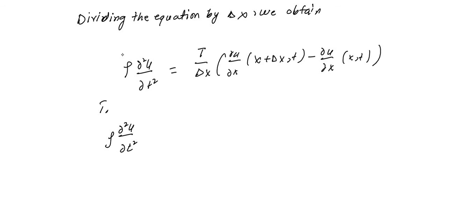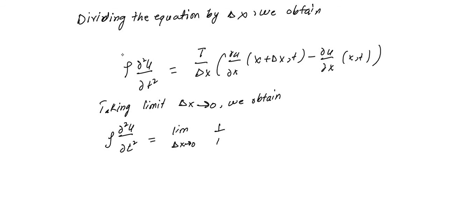Taking the limit delta x approaches 0, we obtain, okay, this side becomes equal to limit del x approaches 0 and then 1 by delta x.